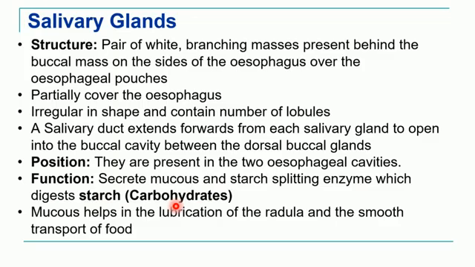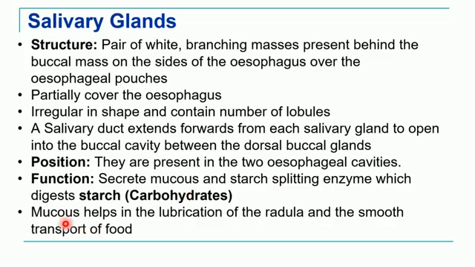Since the majority of the food consists of starch and cellulose in Pila, it requires the digestion of starch, and that is carried out by the enzymes present in the mucus of the salivary gland.